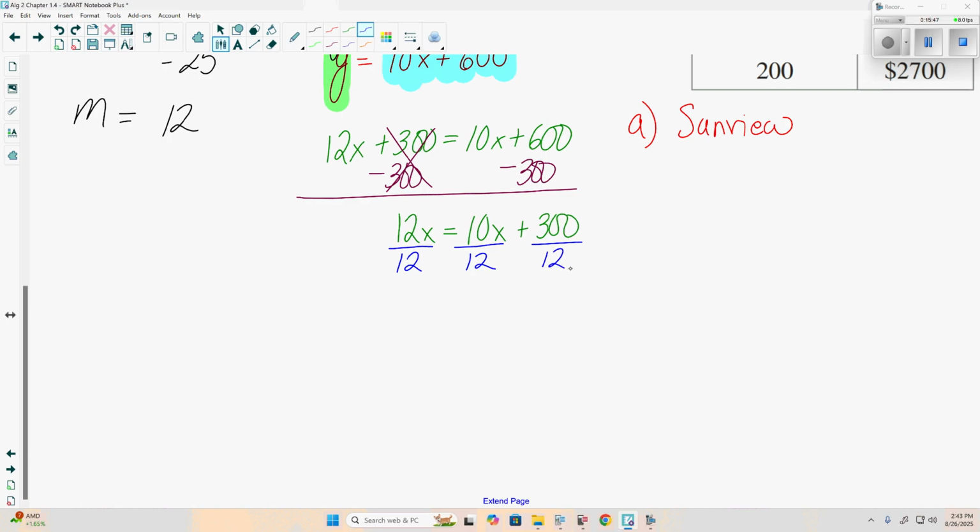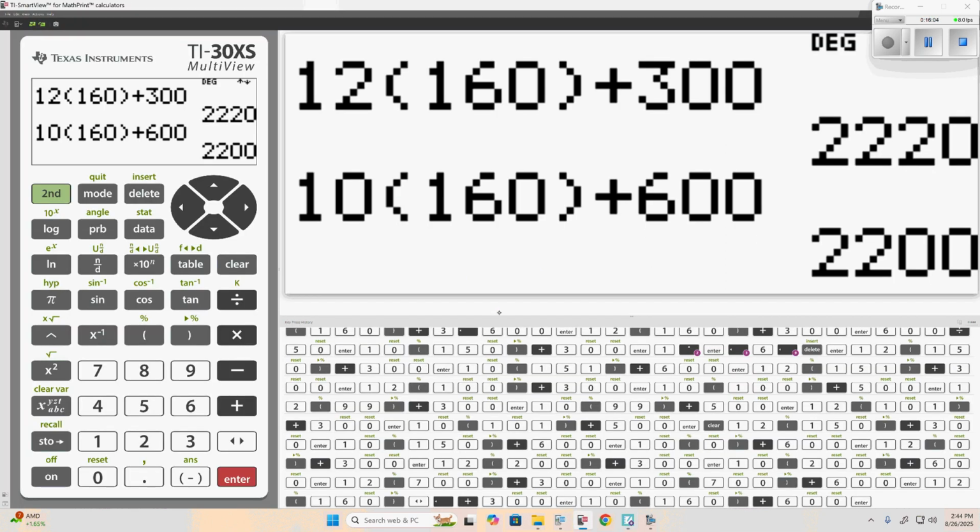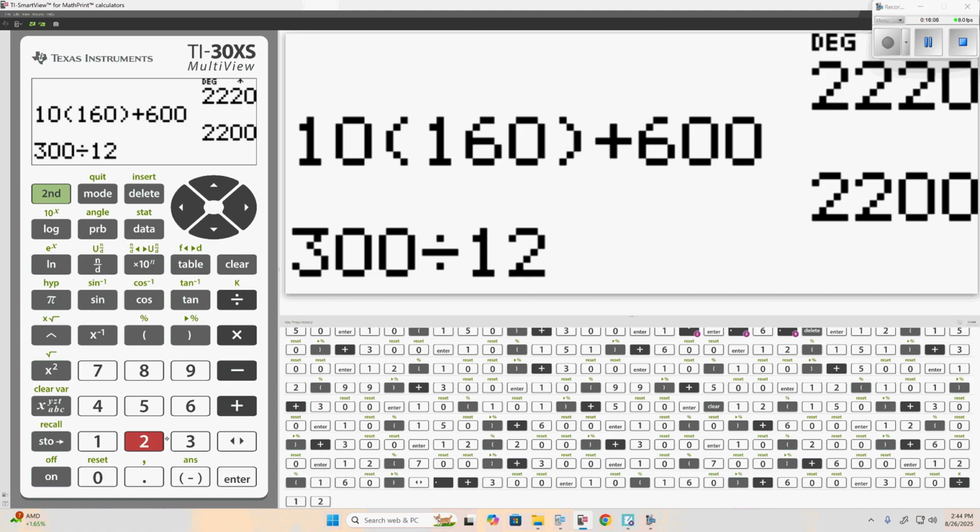Now, the 12x divided by 12 would give us x. 10 twelfths, it does reduce. It would reduce to 5/6x plus, because this does divide evenly, or should, 25.